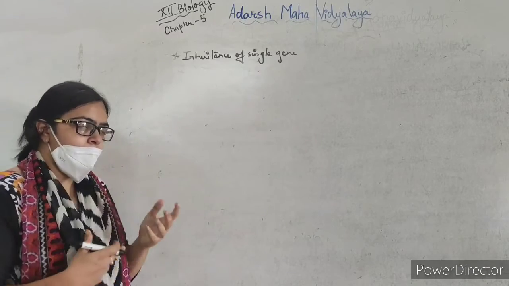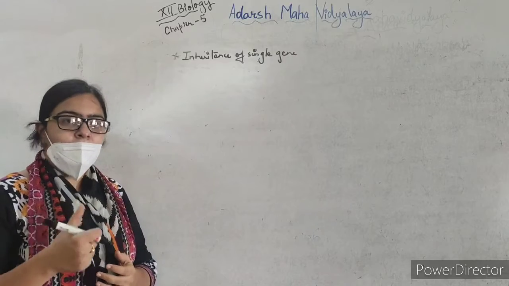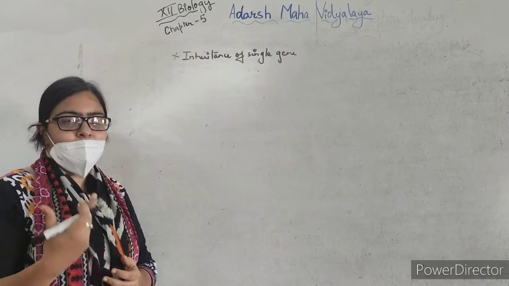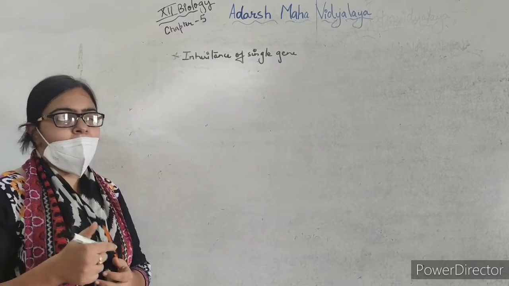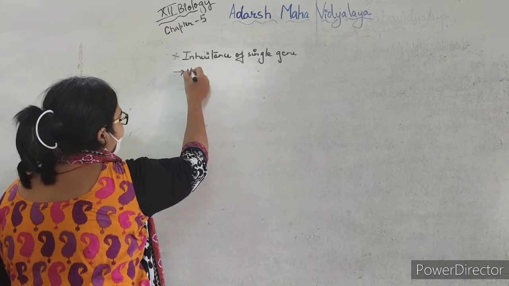And these types of crosses, which occur when having only one character, or which explain only the inheritance of one character, we call monohybrid cross.